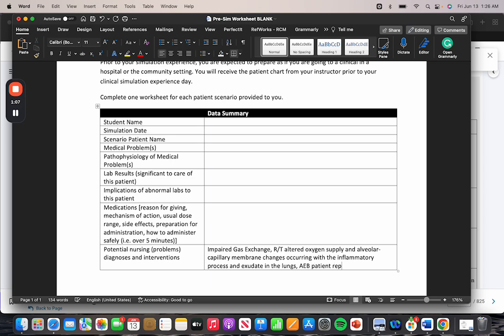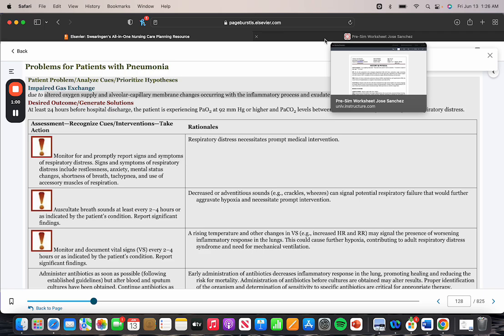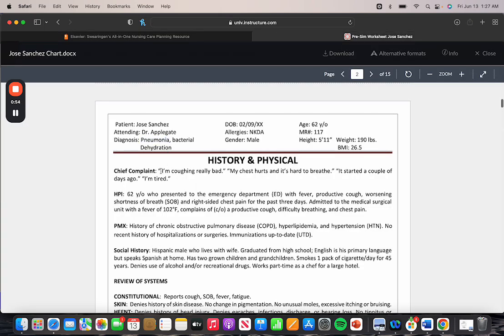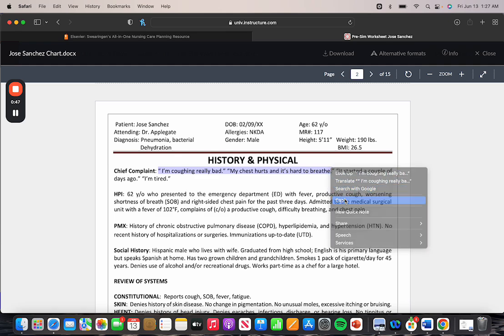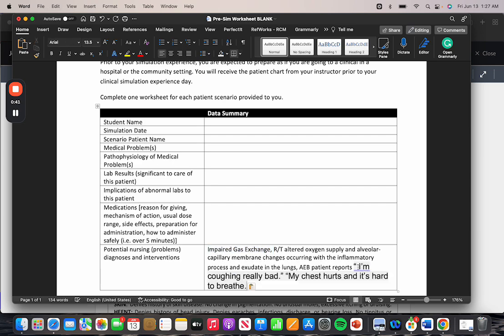So basically, what symptoms is the patient displaying, or what things have they told you about that supports your claim of this nursing diagnosis? So in the chart here, the patient said, I'm coughing really bad, my chest hurts, it's hard to breathe. So that's pretty good. That's good evidence to support my claim that he has impaired gas exchange.